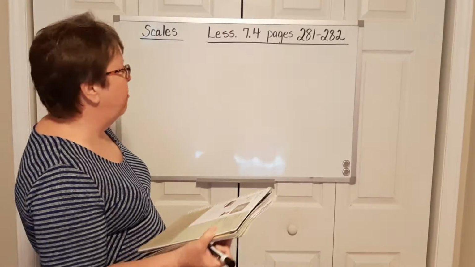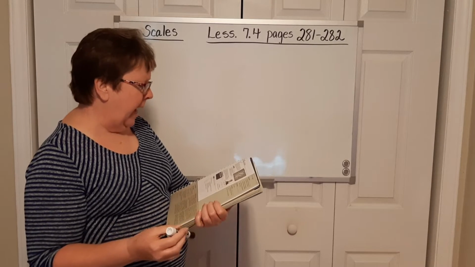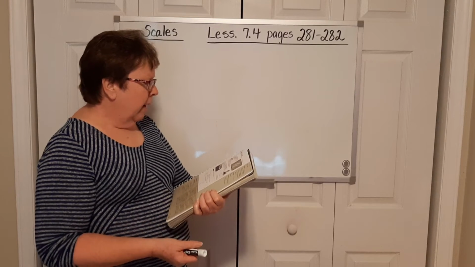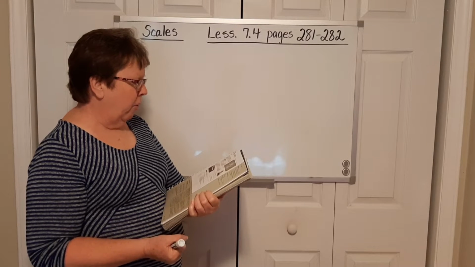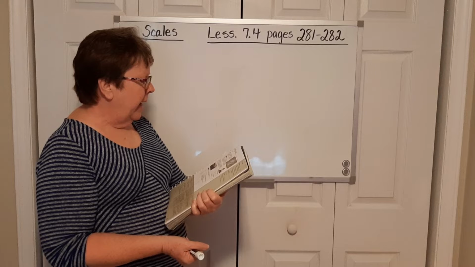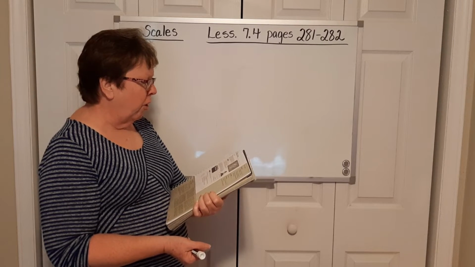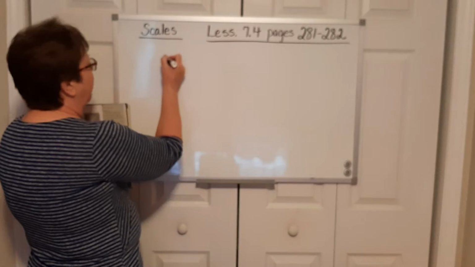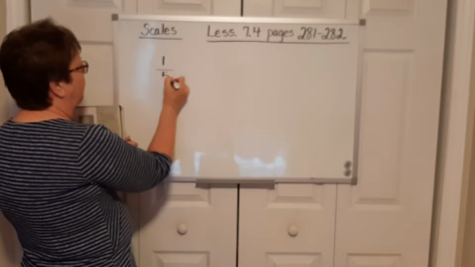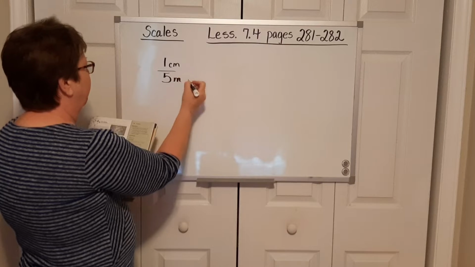Okay, so let's go through a few examples. On example 1 at the bottom of page 281, it gives you a little story problem right above example 1. It says in the scale drawing below, the scale is 1 centimeter to 5 meters. So I'm going to make that a fraction. Okay, it's 1 centimeter to 5 meters.